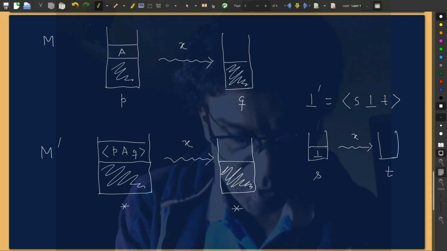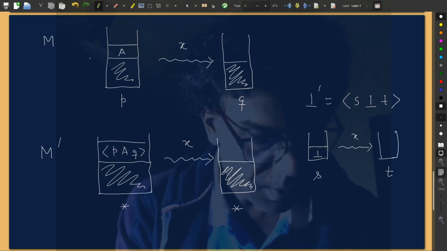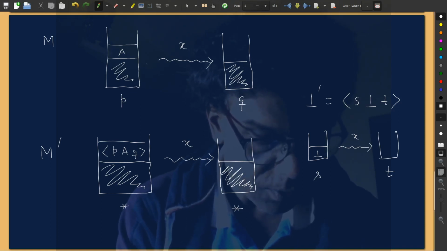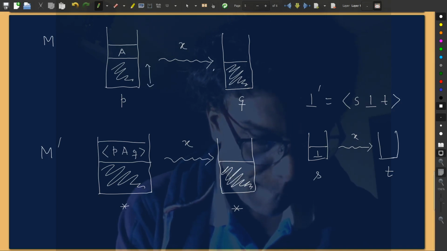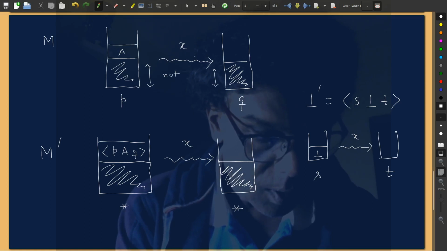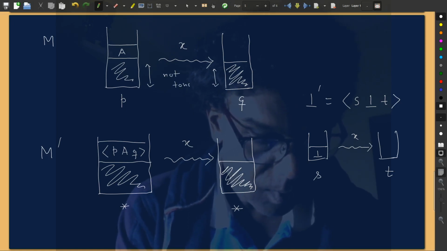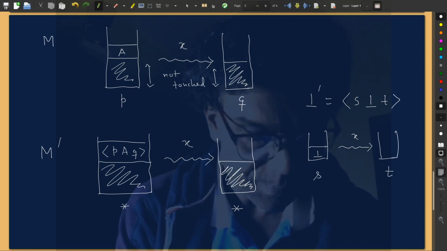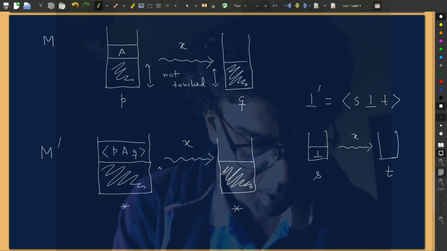So now below this there is nothing, but when we are considering these transitions from this configuration to this configuration, we are not changing this part. So this part is not touched. So it is as if this A is at the bottom of this stack and on the top of this stack. This part is not touched. Here also this part is not touched.